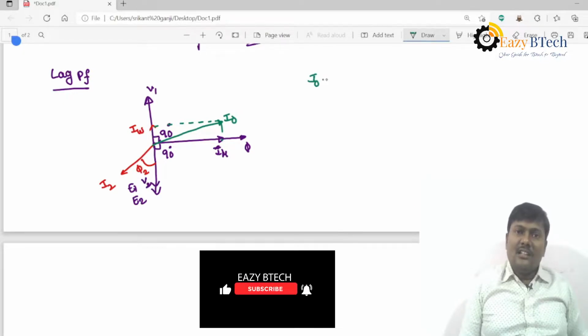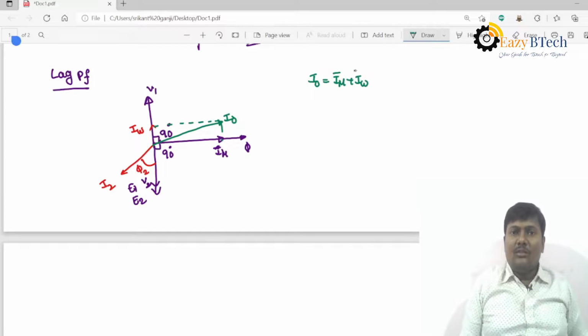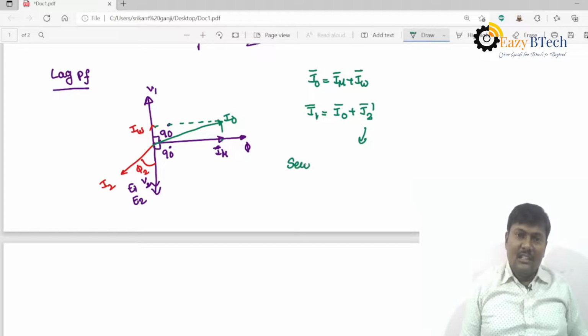See, I naught is the phasor sum of the magnetizing component of current and the wattful component of current. But the primary current I1 is the phasor sum of the no load current plus the reflected component of secondary current. This I2 dash is called the secondary reflected current.